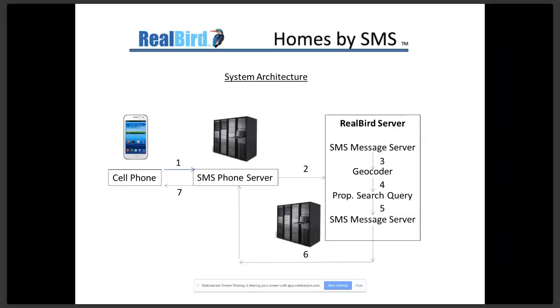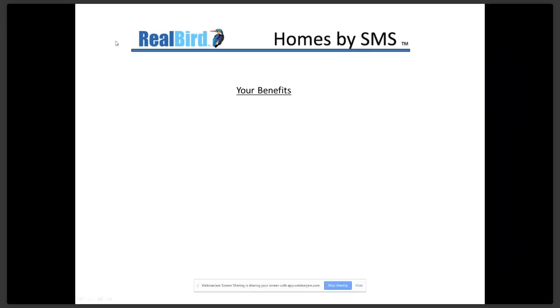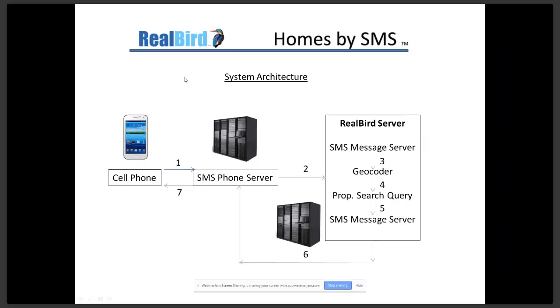The cell phone sends a message to a phone server, which is hosted someplace. This is not ours. This is whoever provides the phone number. It's a telecom. This phone server then sends the message to a RealBird server. The RealBird server receives the message and sends the location to a geocoder. In this case, we use a Google geocoder.